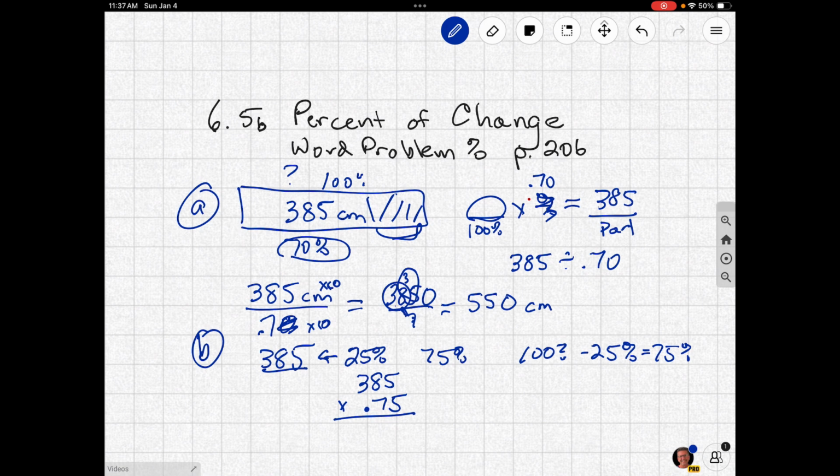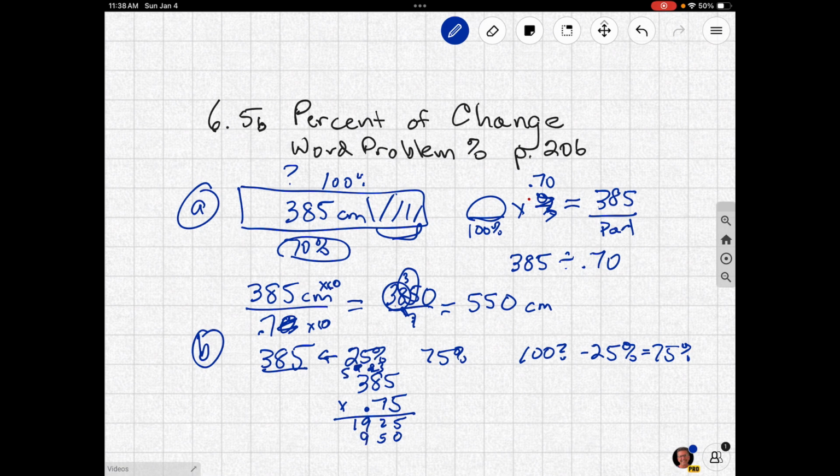I do 5 times 5 is 25. And then 8 times 5 is 40, plus 2 is 42. And 3 times 5 is 15, plus 4 is 19. And then I got to put a placeholder in there. 5 times 7 is 35. Put a 3 up there. 8 times 7 is 56, plus 3 is 59.